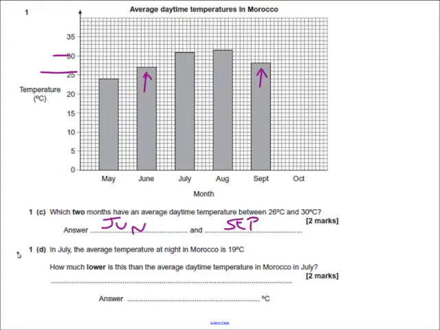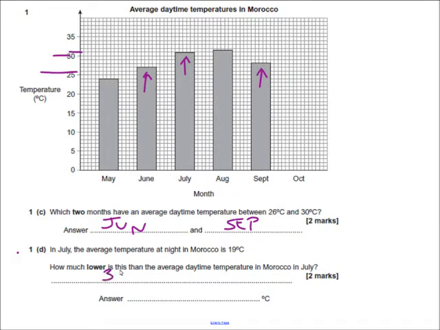Question 1D. In July, the average temperature at night in Morocco is 19 degrees centigrade. How much lower is this temperature than the average daytime temperature in Morocco in July? So it's asking us to read our temperature in July, so we go to our bar chart and we read off a temperature of 31 degrees.